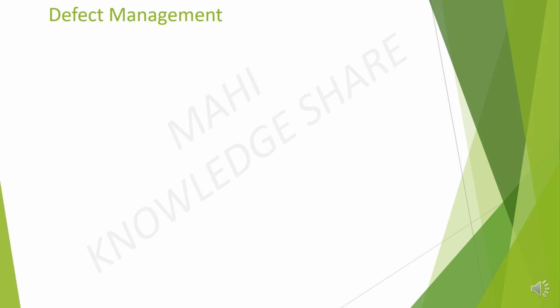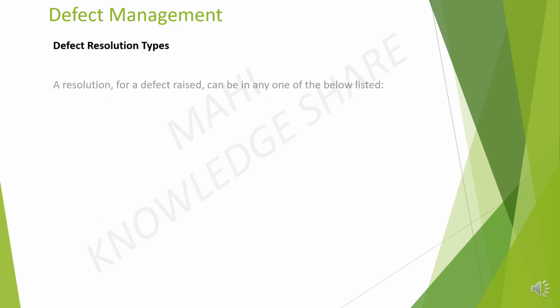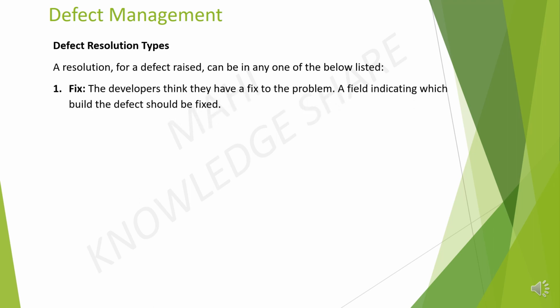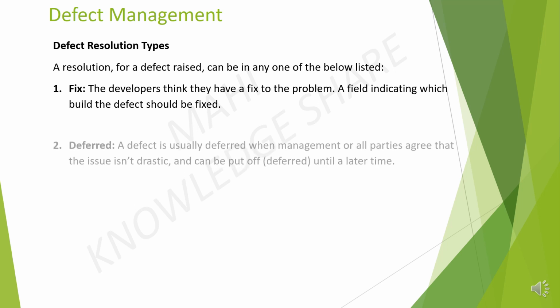Defect resolution types. A resolution for a defect raised can be in any one of the following below. 1. Fix. The developers think they have a fix to the problem. A field indicating which build the defect will be fixed. 2.